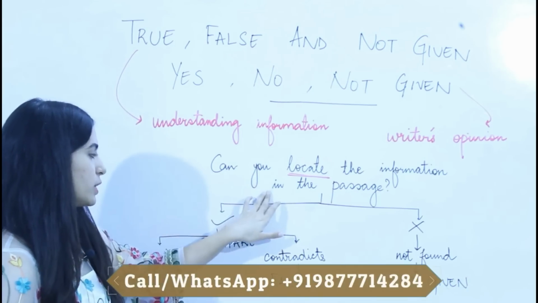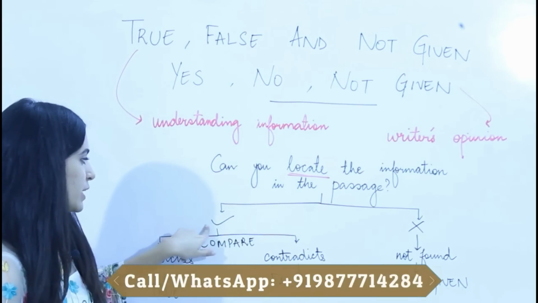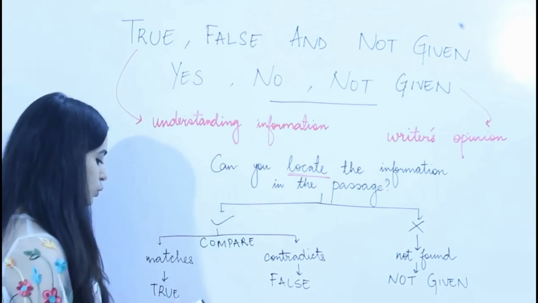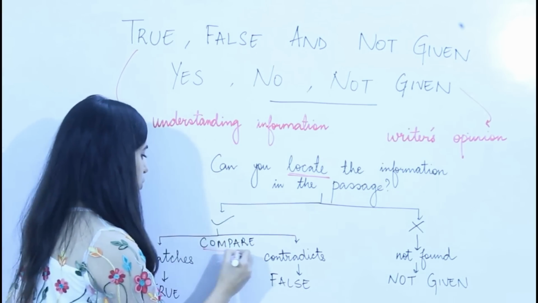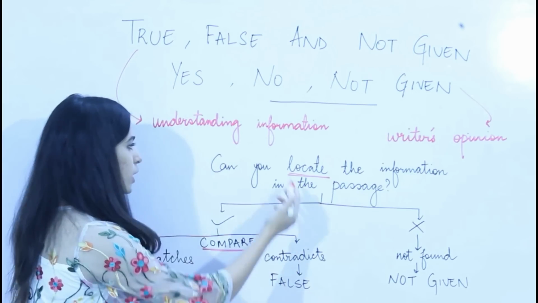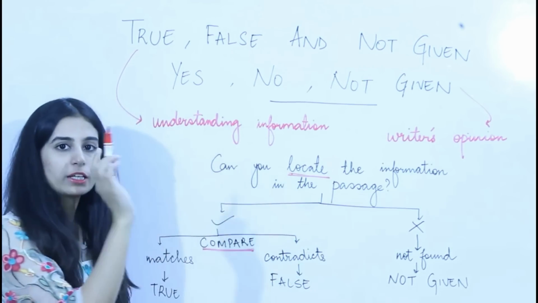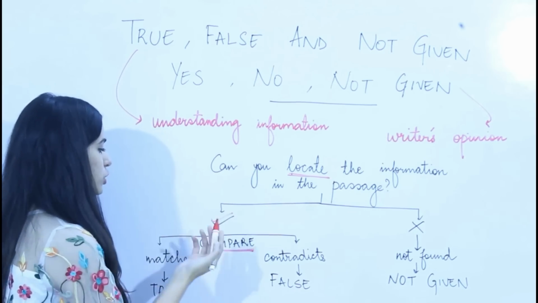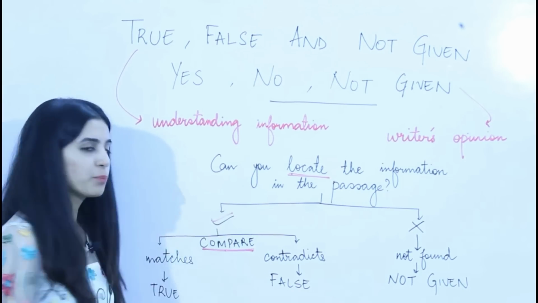Once you have found that particular sentence in your passage, then you have to compare it. Second step is to compare. Once you have located that information in your passage, you have to compare it.